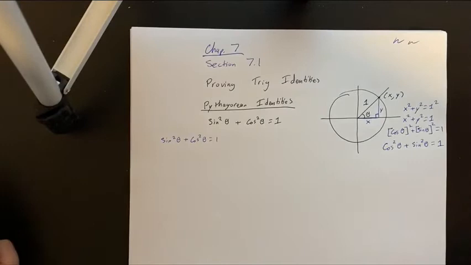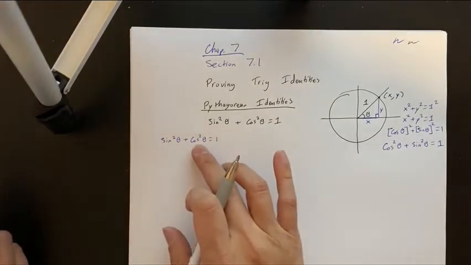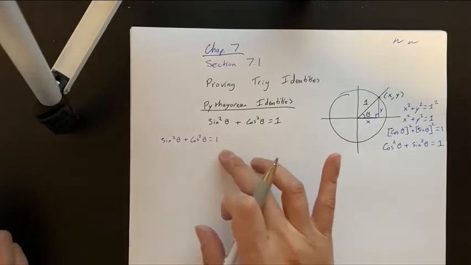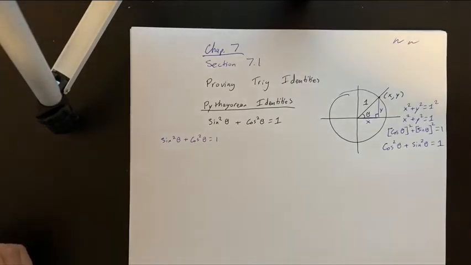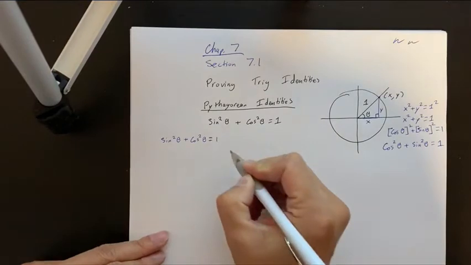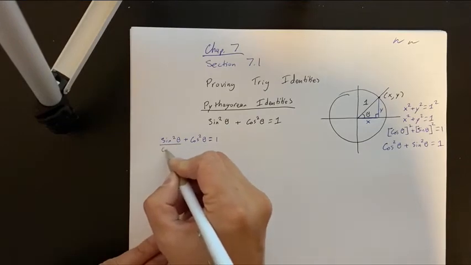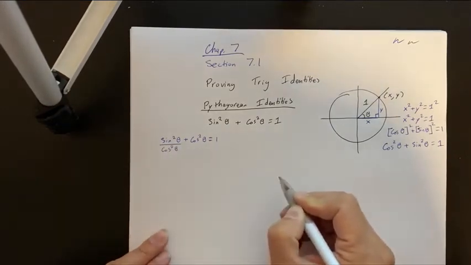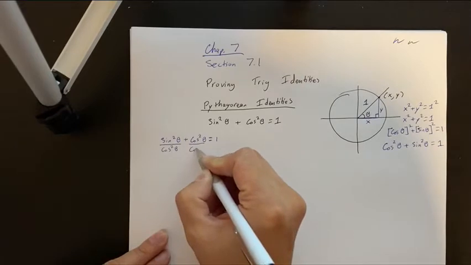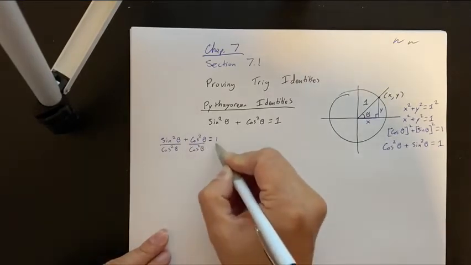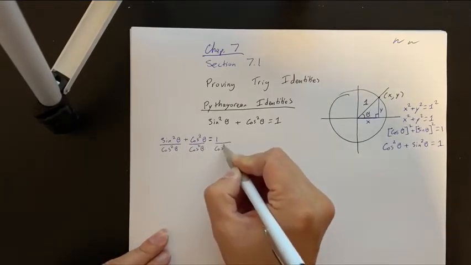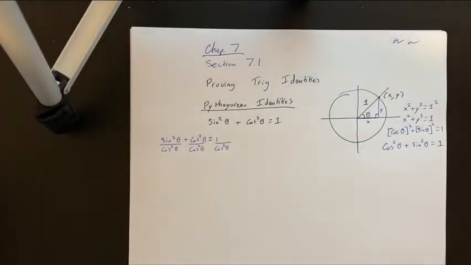So in this case, first thing I'm going to do is just divide everything on the left by cosine square. And that means I have to divide everything on the right side of this equation by cosine square as well. So everything on the left side of this equation divide by cosine square theta.